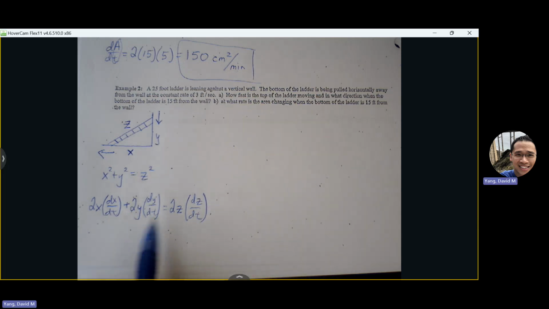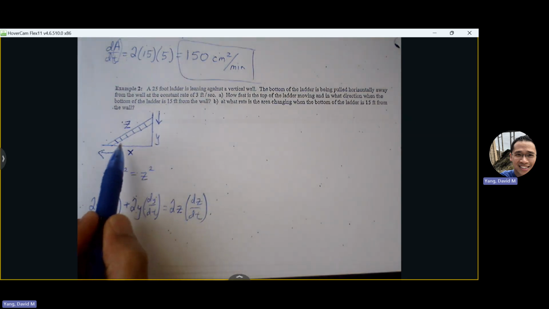All right, there are 6 variables here. We're going to list them out and see if we can account for each of them. Let me talk about what each of these mean. X and Y and Z represent the side lengths of our triangle at a moment in time. Dx dt tells us how fast this horizontal segment of my triangle is changing.